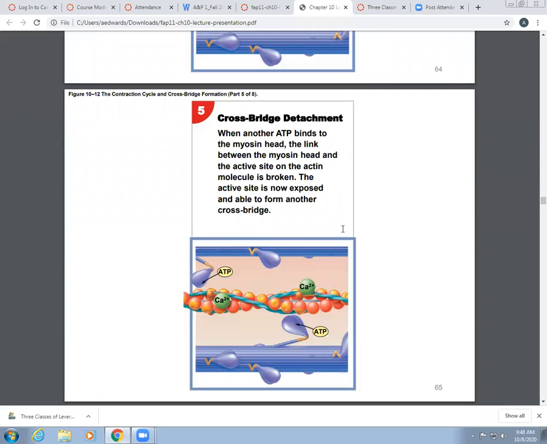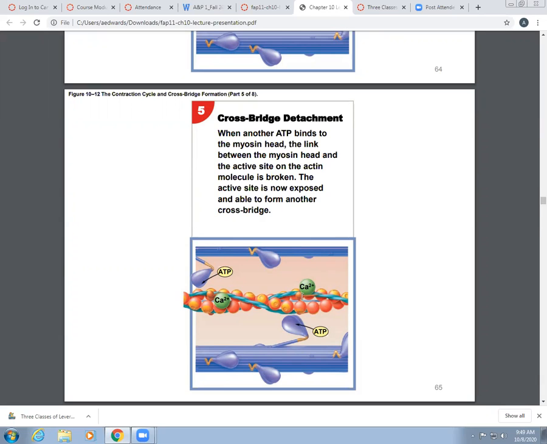Okay, cross bridge is going to detach. Get another ATP attached to the myosin head, and that causes the detachment of the myosin from the actin. Now your active site's exposed, you can get another cross bridge.